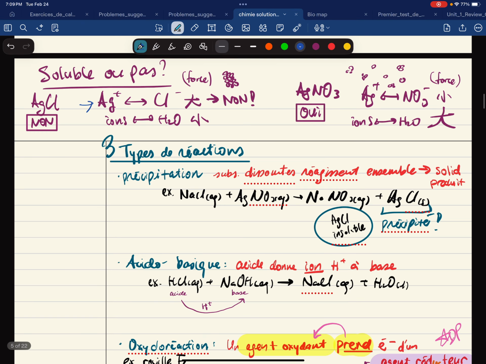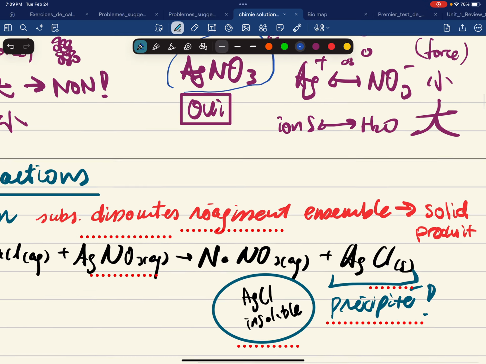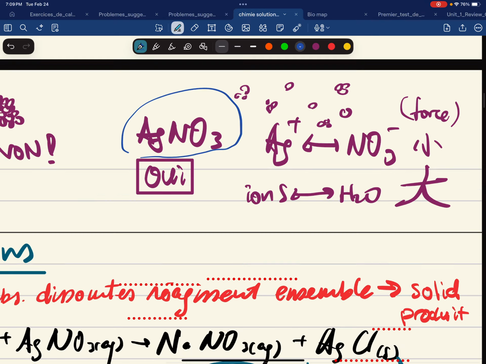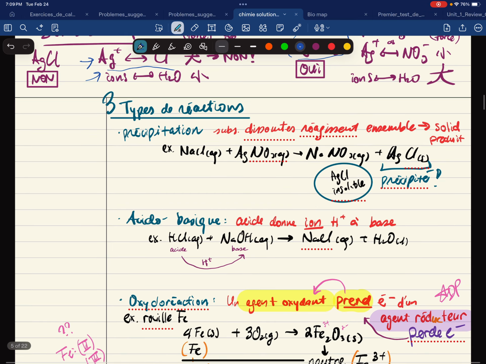That's because of their force entre eux, basically, the Ag and Cl. So AgCl will not break. These will not break. They are too strong. But AgNO3 will break. So they do separate in water. And that's all from the periodic table that we can see if we do not memorize stuff.